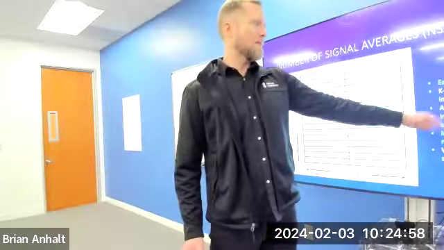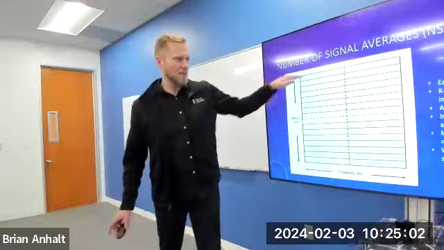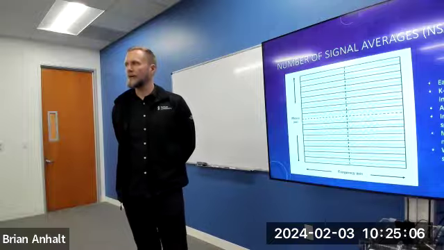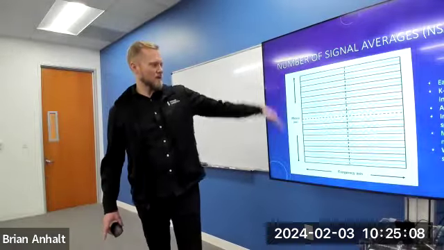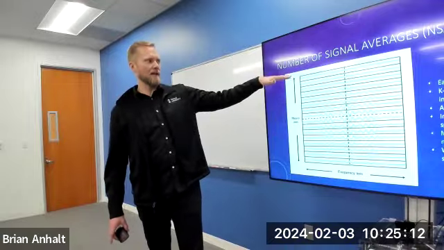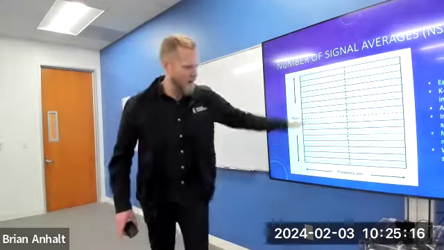A NEX of one means that we fill each line of K-space, each row, one time. We put one echo in there. So we sample it once, we give it a certain amount of phase encoding, which we'll talk about in physics too, and we put it in that line of K-space and we call it good. Then we go to the next one, the next one, the next one, until we fill all of them.